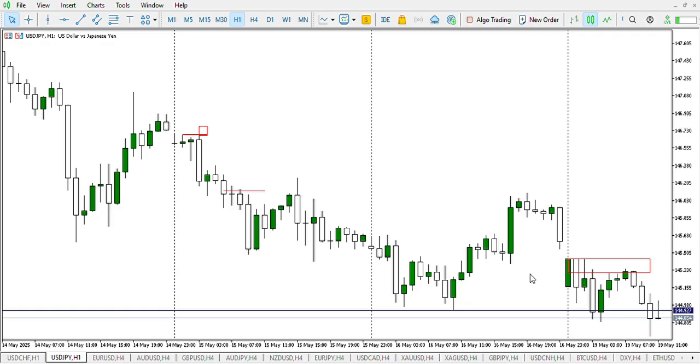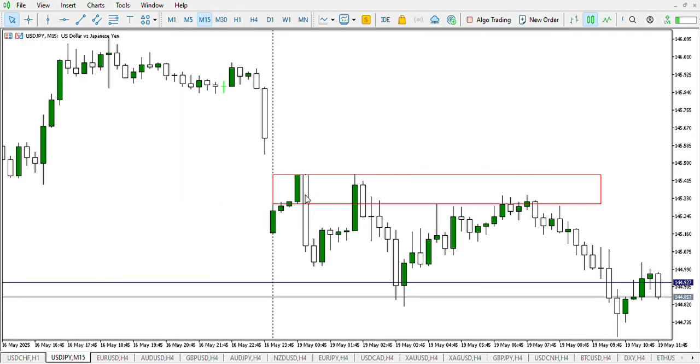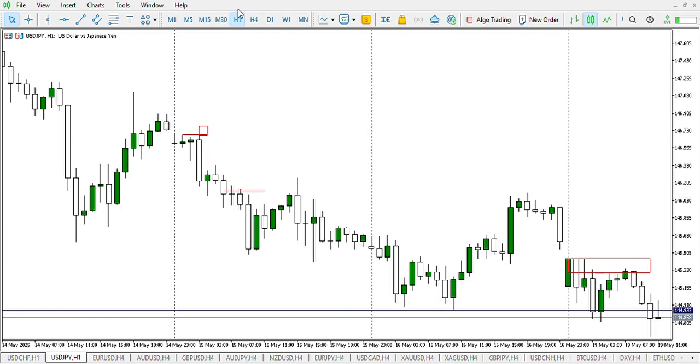Following from this, going to the 15 minutes, you could have taken your re-entry if you had seen a strong order block that grabs liquidity. However, there is no strong order block that grabs liquidity, so let us look out for other pairs.